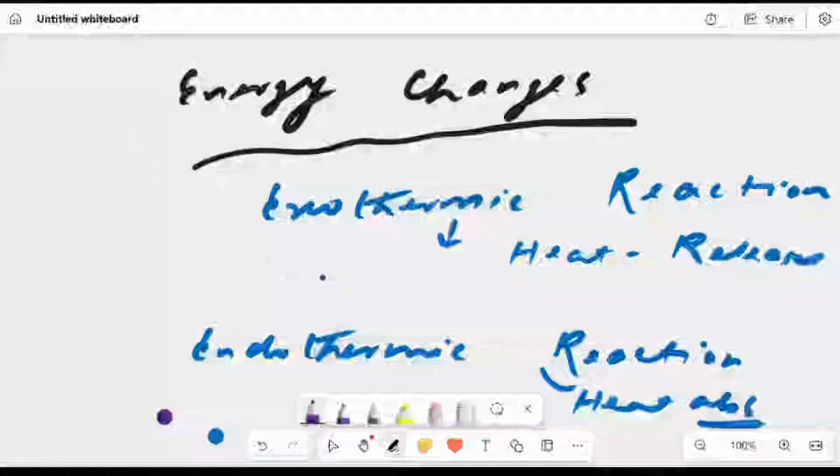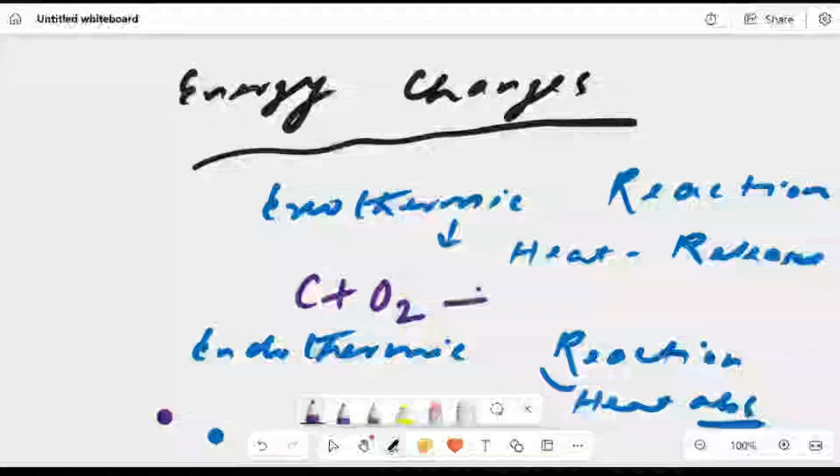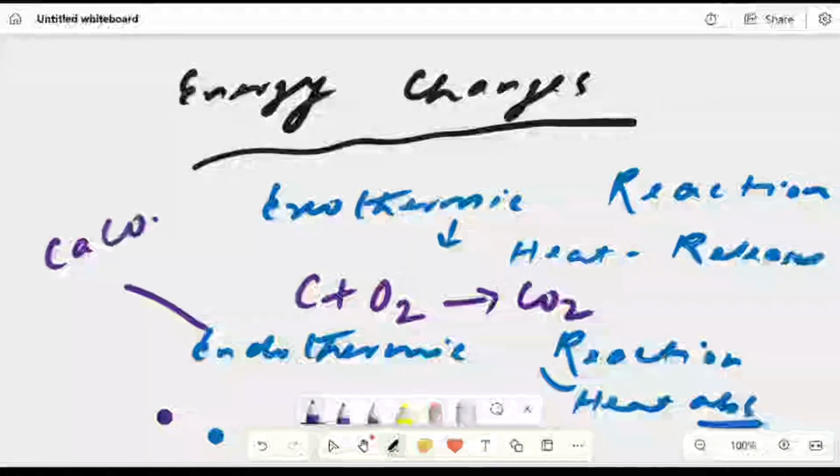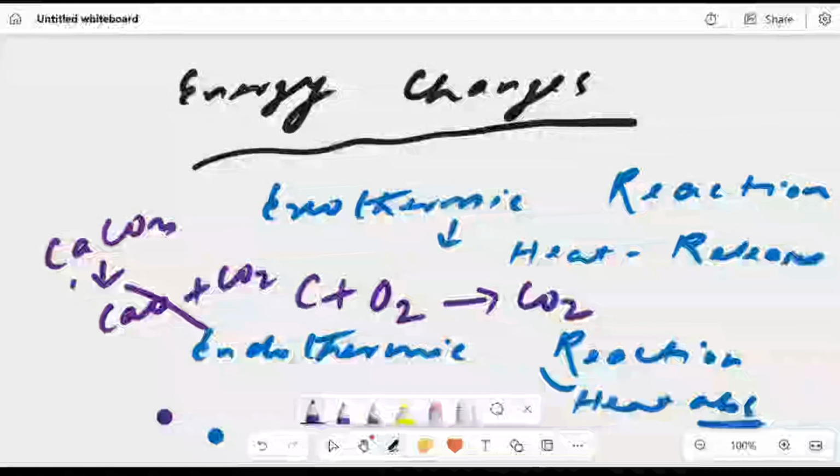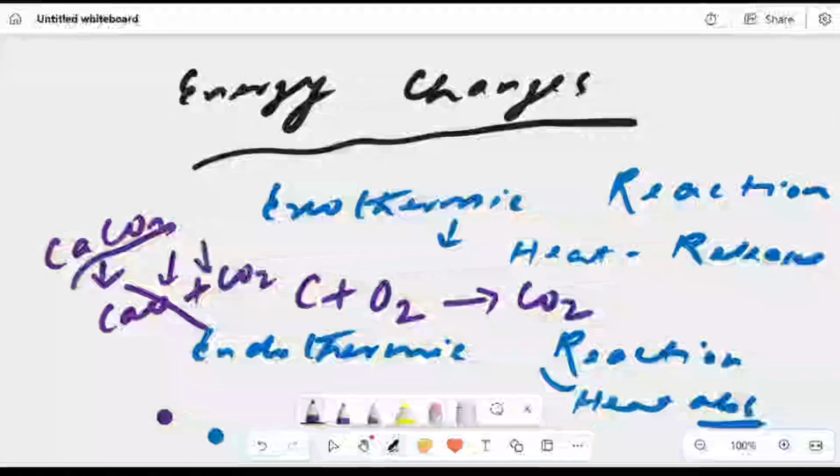The example of an exothermic reaction: C plus O2 gives CO2. In an endothermic reaction, heat is absorbed and that heat is used to break CaCO3 into CaO and CO2.